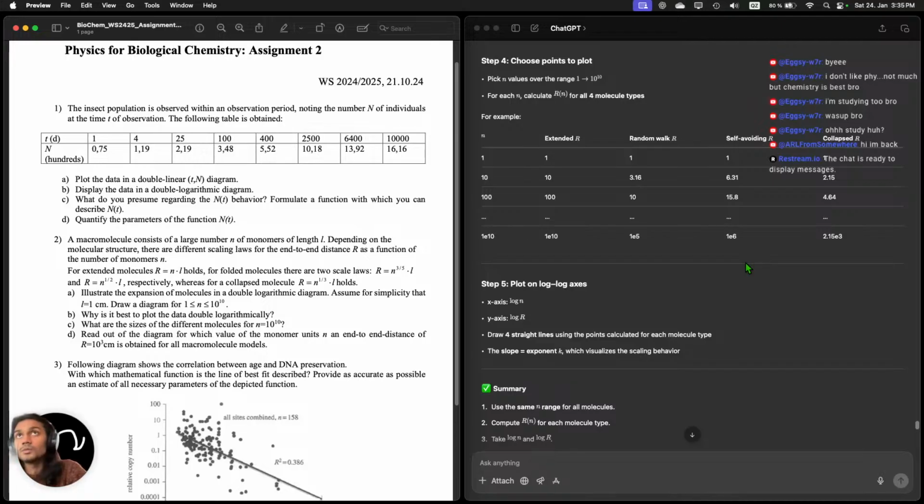Second question. We have the extended molecule.